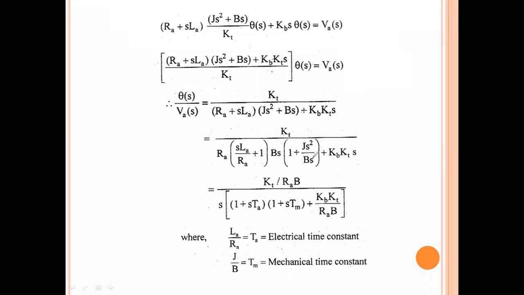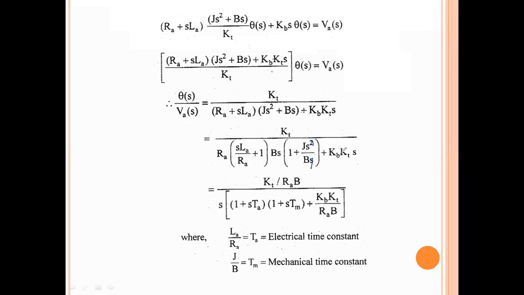S square is there, of course, so this S square will get cancelled. So 1 plus JS by B will be this term, plus KB into KT into S. Here take out the common RA into B and bring it to the numerator, so KT by RA into B here.